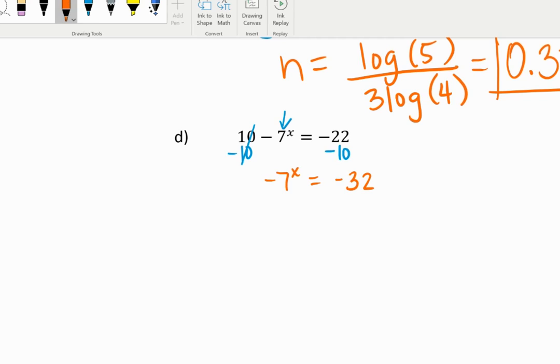And this negative, we need to divide by negative 1 because it's not negative 7 to the x power. It's 7 to the x power and a negative. So we want to divide by negative 1, so that we're just left with 7 to the x power is equal to 32. And then now we're going to take the log of both sides and move that x to the front.